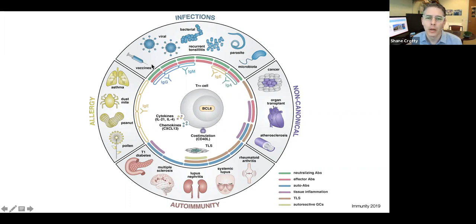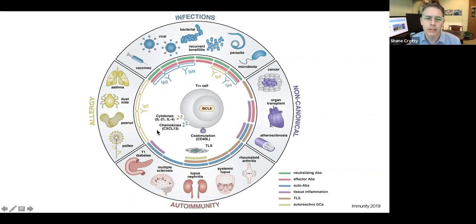So it wasn't a surprise, given what we knew about the importance of antibody responses, that TFH are important for antibody responses to vaccines, viral infections, bacterial infections, microbiota, and actually Stephanie, the next speaker, really provided critical data about their role in parasites, and she'll speak to I think allergies more today.